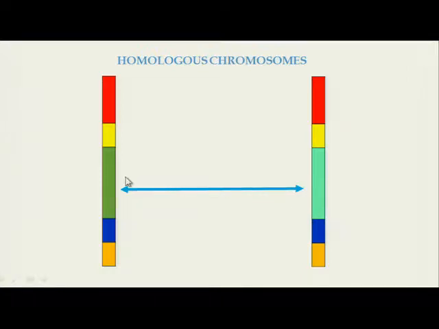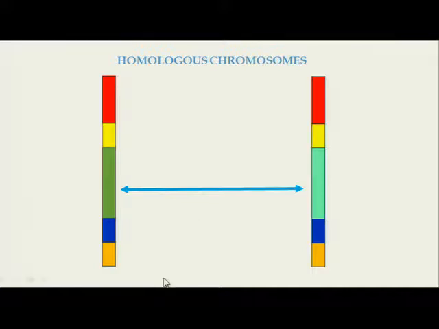That one is the allele of that one, and vice versa. Boys and girls, it boils down to this, that this gene and this gene on two chromosomes occupying the same position, they determine the same characteristic.